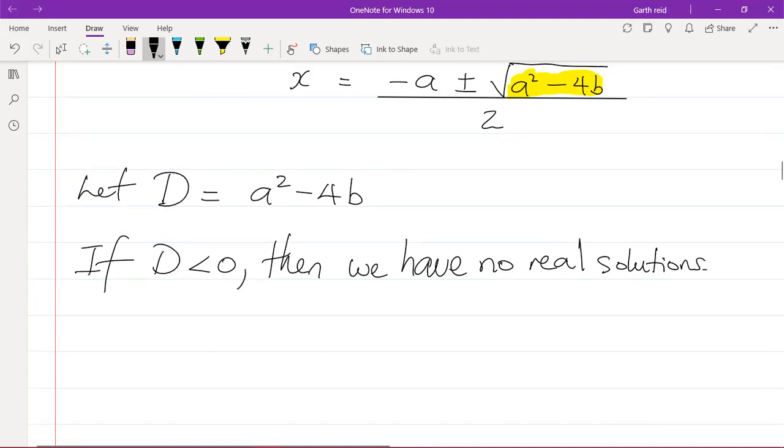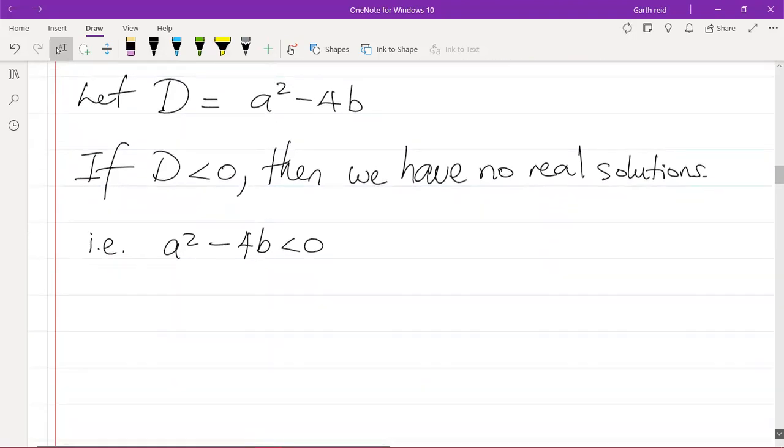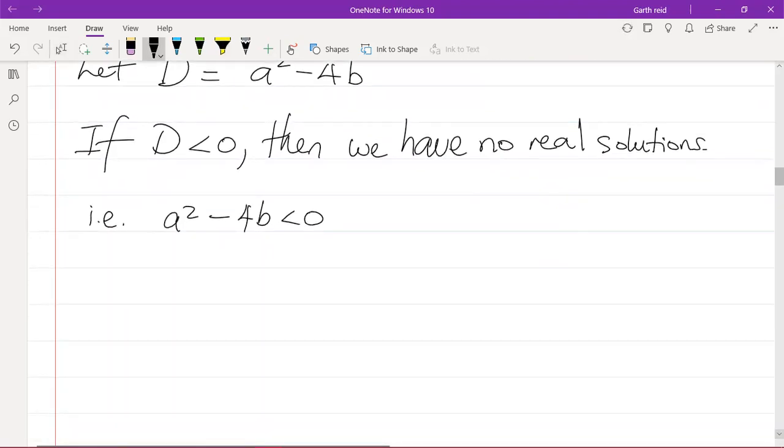Good. So in other words, the value of d, which is a squared minus 4b, must be negative, less than 0, in order for us not to have any real solutions. So I'm now going to solve this inequality for b, right?